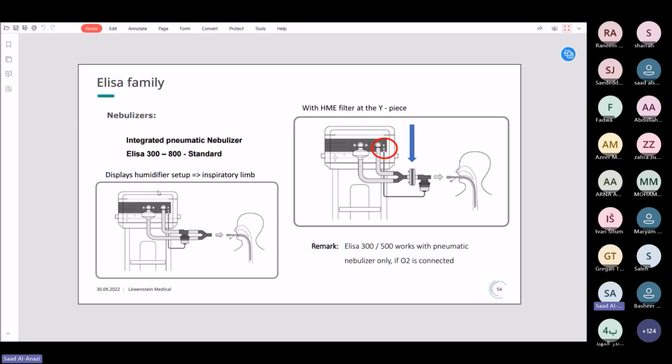So as you see here, for the second nebulizer option, we have a pneumatic nebulizer. It's the regular and standard one through the inspiratory limb. You need to select the pneumatic or the nib kit, and then start selecting after the HME. You have to put the inspiration or the nebulizer.